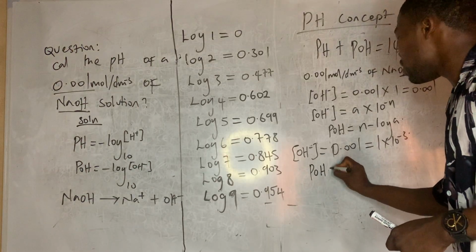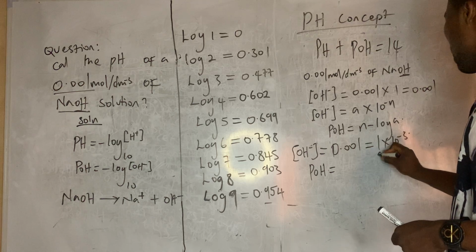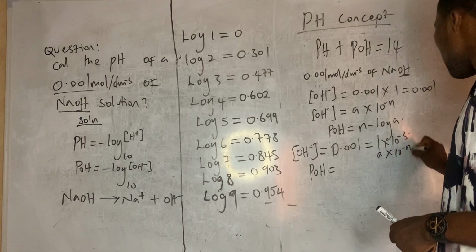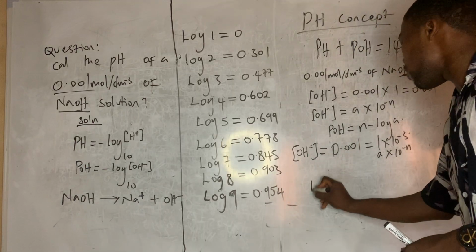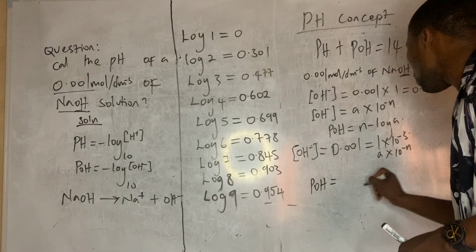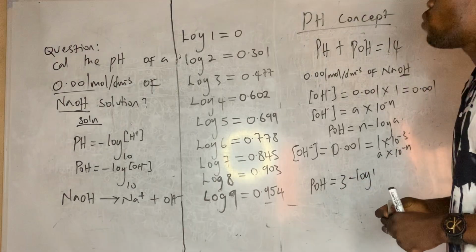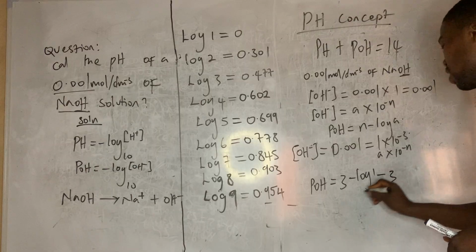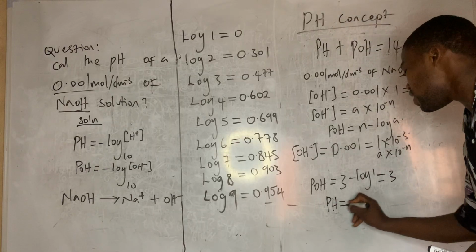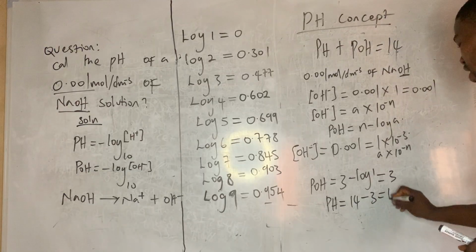Since n is 3, pOH is 3 minus log 1. Log 1 is 0, so pOH is 3. Then pH is 14 minus 3, which is 11.